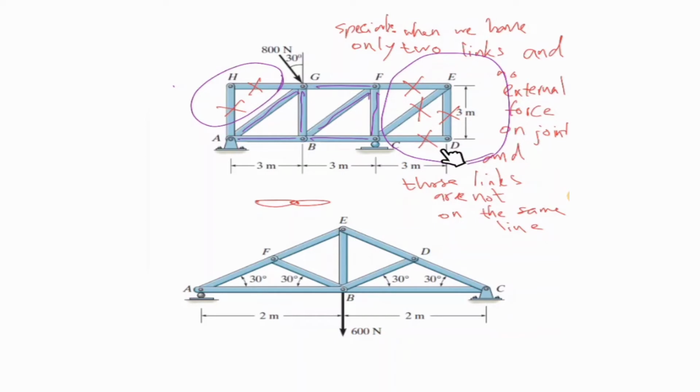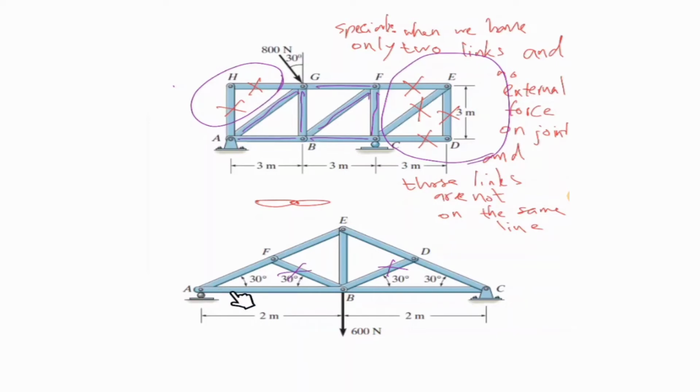Okay, let's continue our examples and go to the next example. Try to find the zero force members. This is one of the zero force members, this is the other one, and right now I start to double check the points.